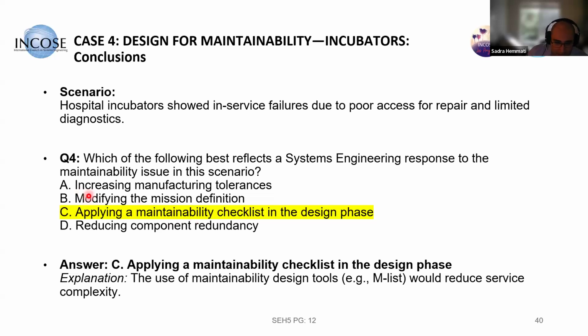If it had said modifying life cycle concepts, that would have been a valid choice. But the mission in both cases is the same: save newborn babies, and modifying that would not be very effective.